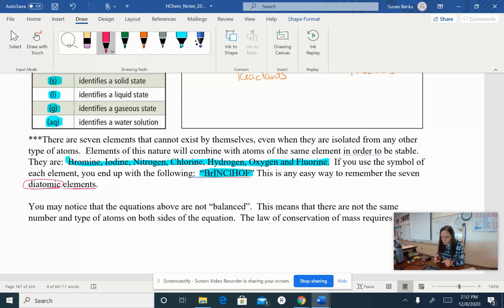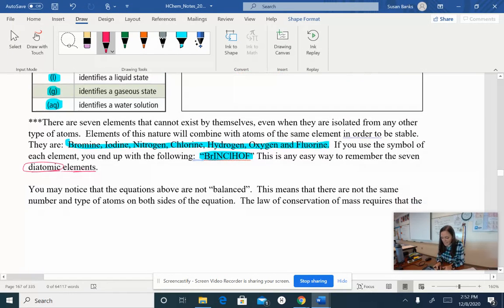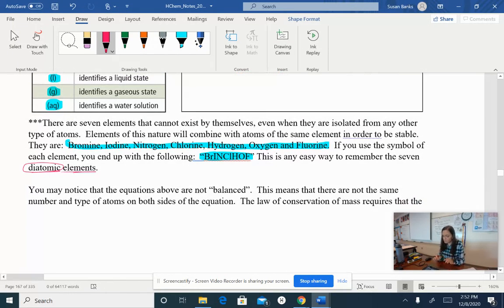Okay? You will notice that the equations that we did up top are not balanced. This means that there are not the same number and types of atoms on both sides of the equation. This breaks the law of conservation of mass, right? The law of conservation of mass said that I can neither create nor destroy matter.